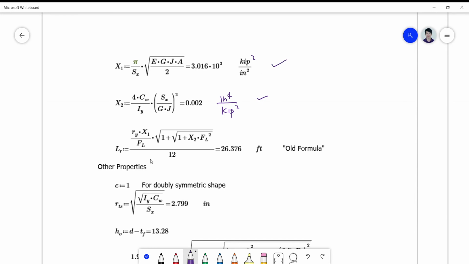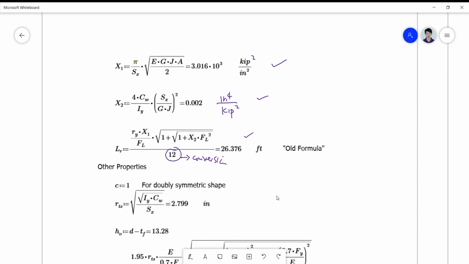So for LR now, we simply substitute the value of x1 and x2 as computed, and FL given a while ago. Okay, so we convert it, again, this is a conversion factor from inch to feet. So we get now 26.376 feet using the old formula.